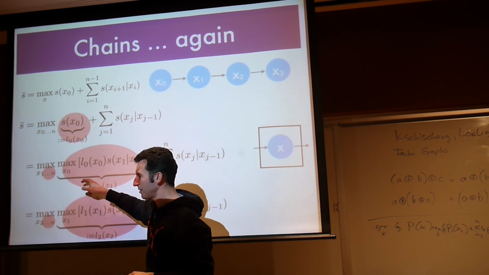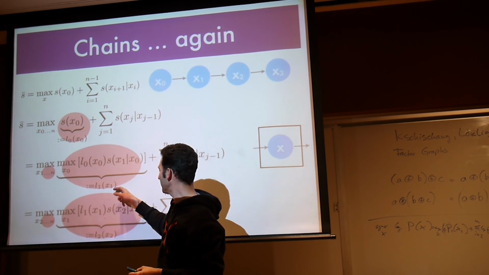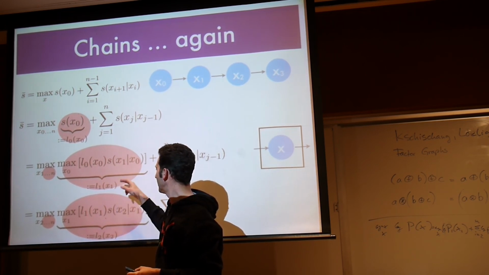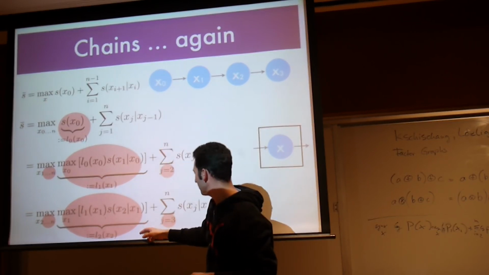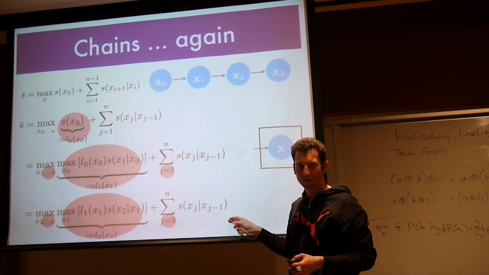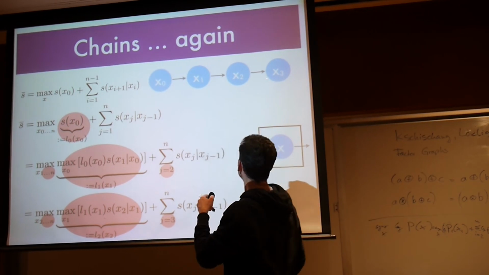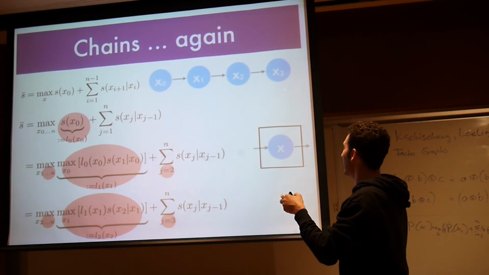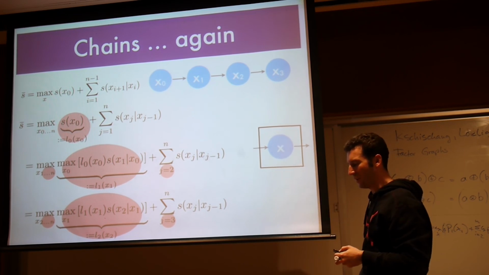I can explicitly maximize this for a particular solution of x1. And then I can iterate and get a solution for x2, and I can just keep on going. So this is how I can find, in the end, the most likely assignment for, let's say, x3.